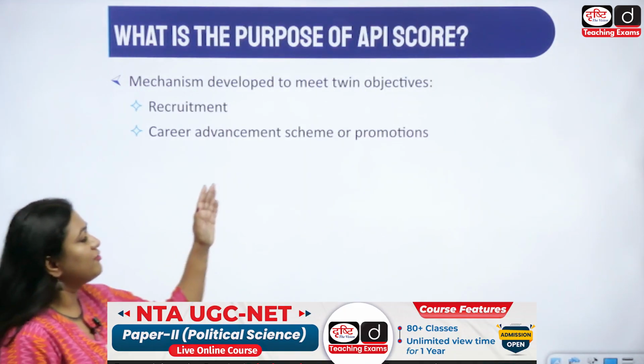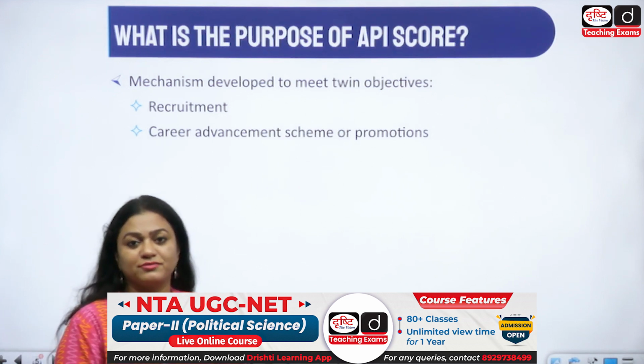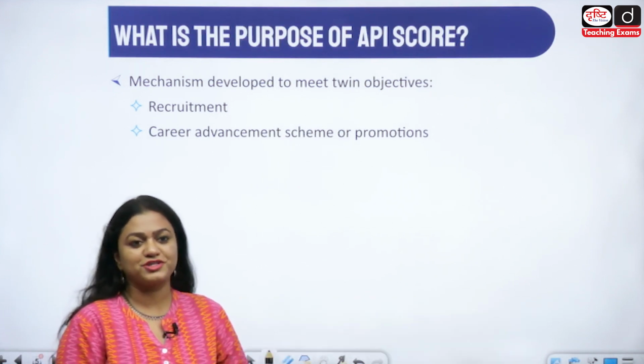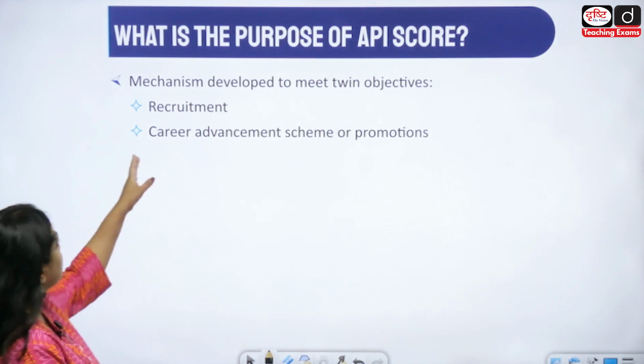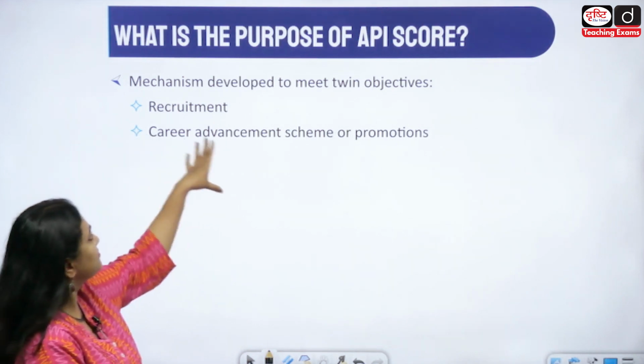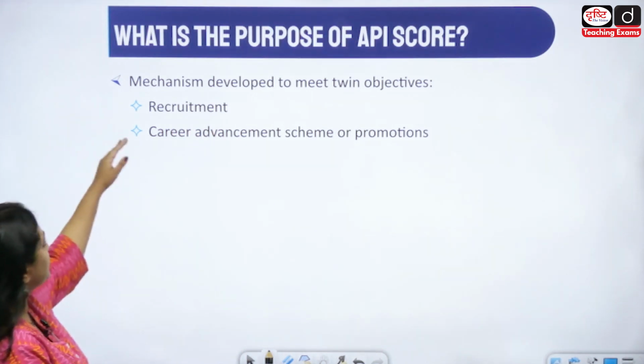Now let's understand what the purpose is. It's a very common factor that for any evaluation method, there must be certain objectives or purposes. It is a mechanism developed to meet twin objectives. The first objective is recruitment.